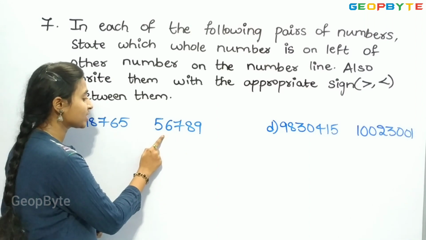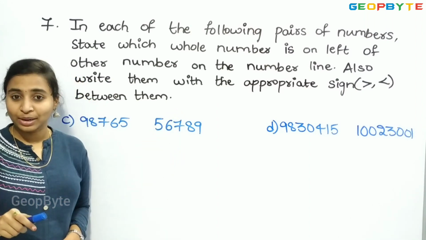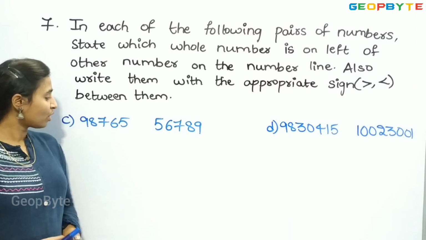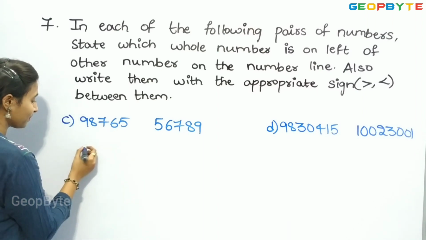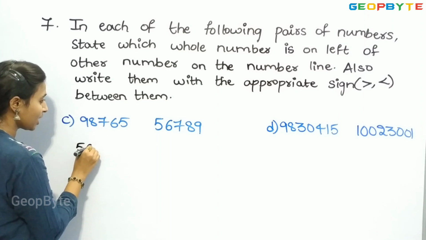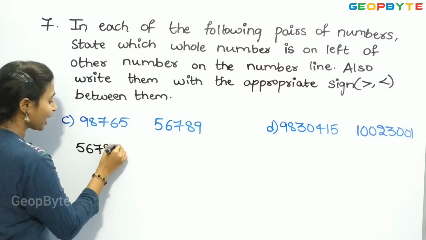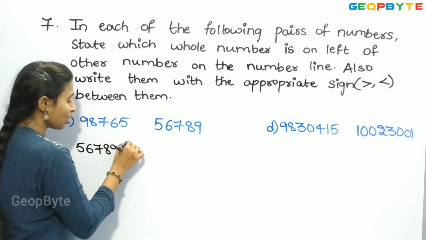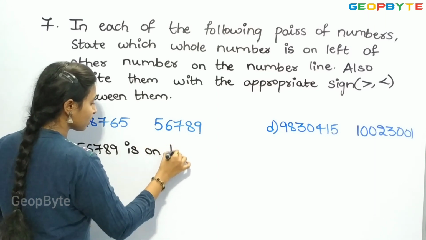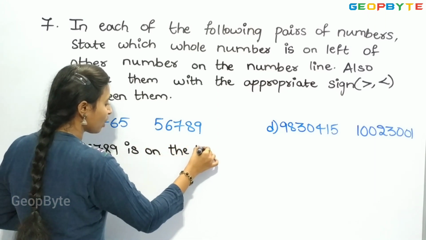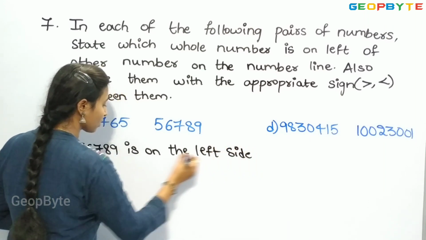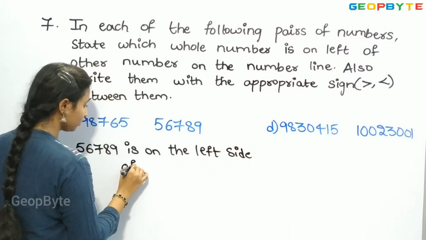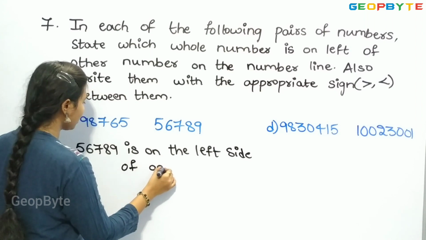So, 56,789 will be towards the left side of 98,765. Let us write 56,789 is on the left side of 98,765.